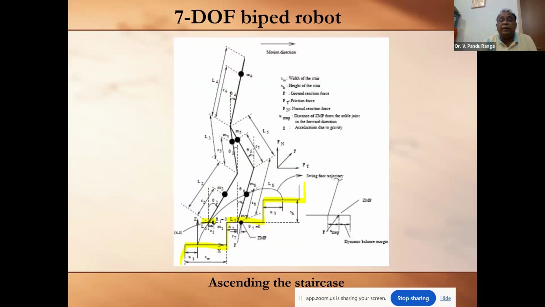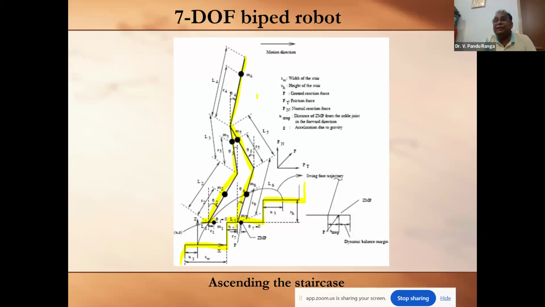This is one foot, and this is the lower limb of one leg, the swing leg. This is the upper limb of the swing leg. This is the upper limb of the stance leg, and this is the lower limb of the stance leg. This is another foot, and this is the trunk of the biped robot.